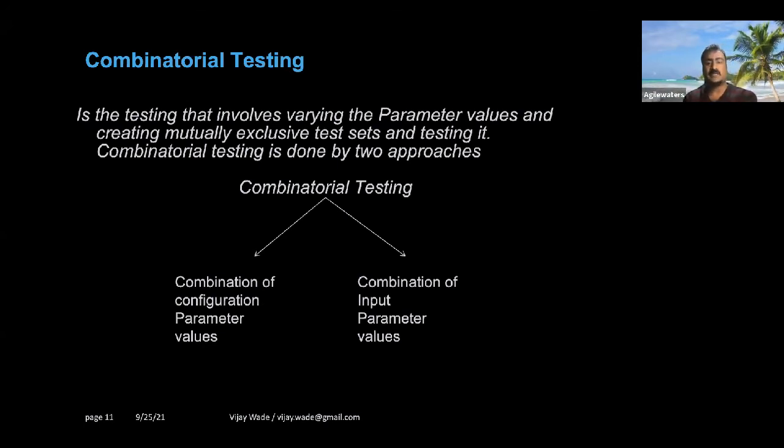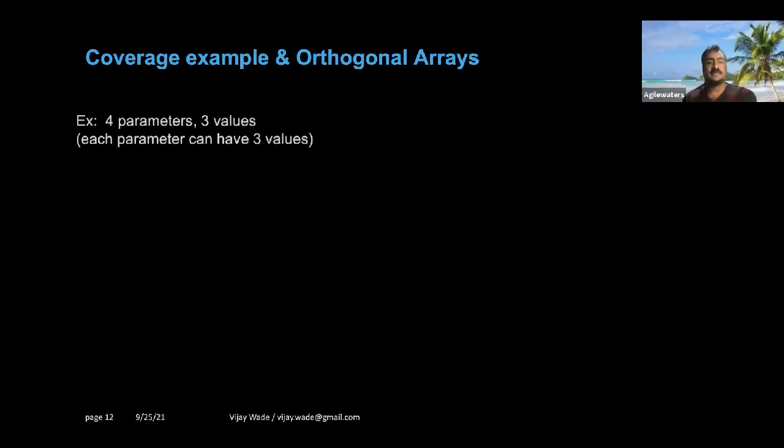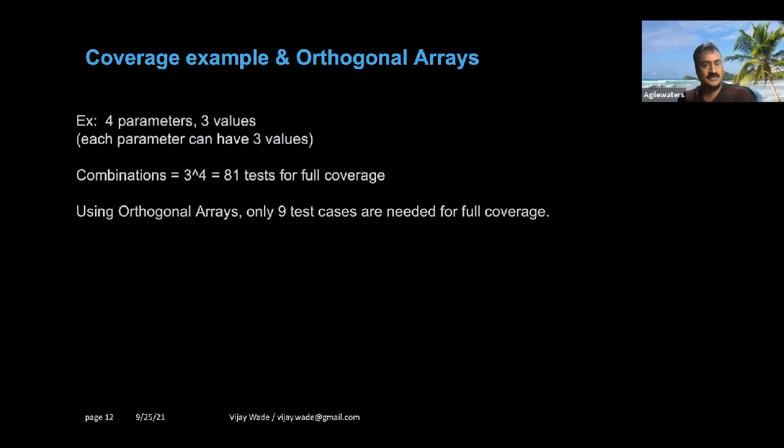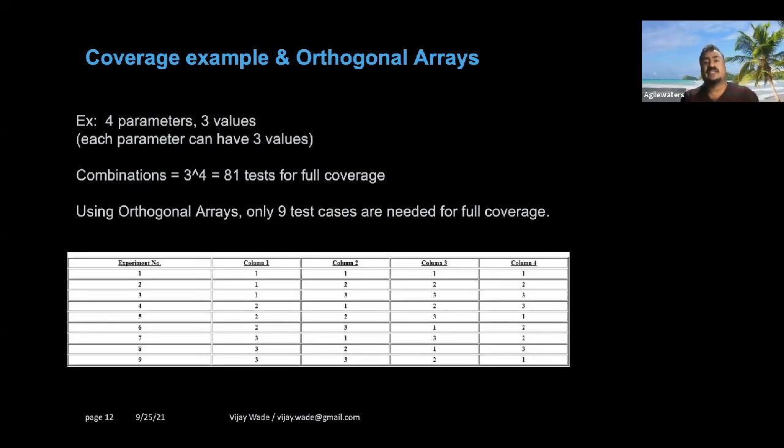There are configuration parameters and input parameters. If there are 3 different variables and each variable can take 4 values, then you will have to write 81 test cases if you want to do exhaustive testing. But using orthogonal arrays, there is one way of testing: just 9 test cases are needed for full coverage.